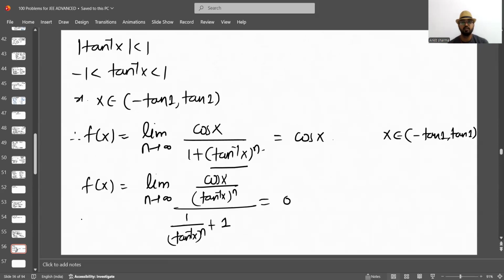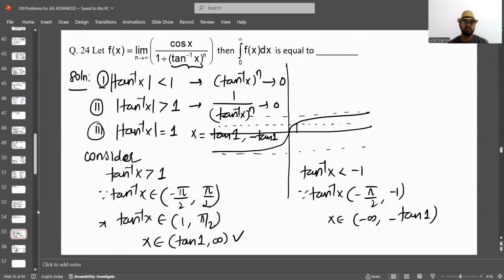So this is going to give me 0 when my x belongs to minus infinity to minus tan 1 union tan 1 to infinity. And when x is tan 1, we have 1 to the power n, which is going to be 1 only. So I get here cos x over 2, but this is not even included. So let's go ahead.